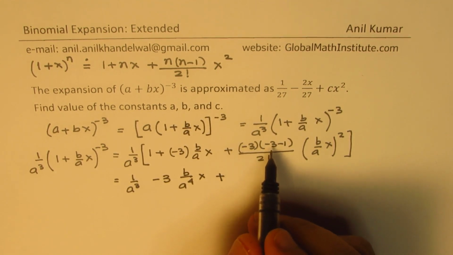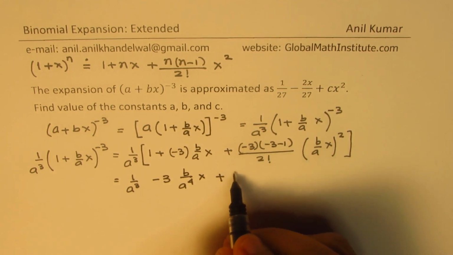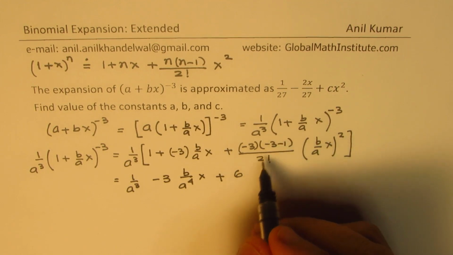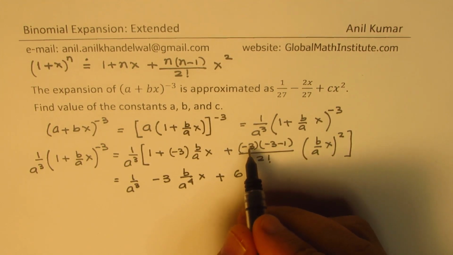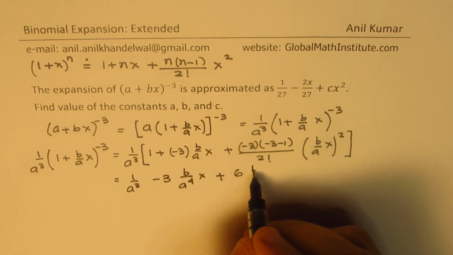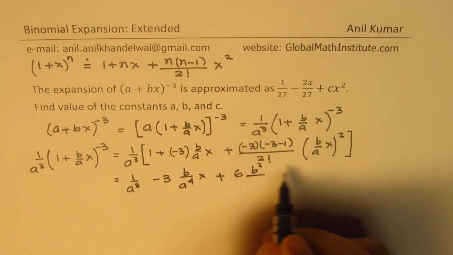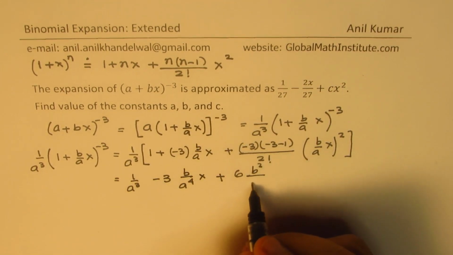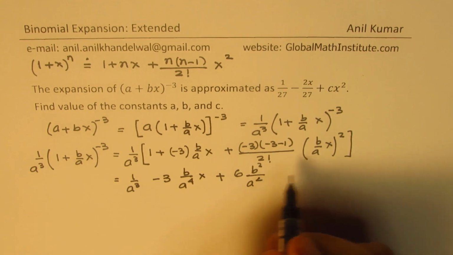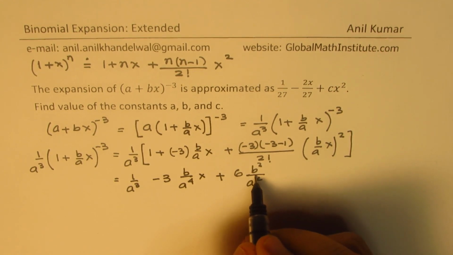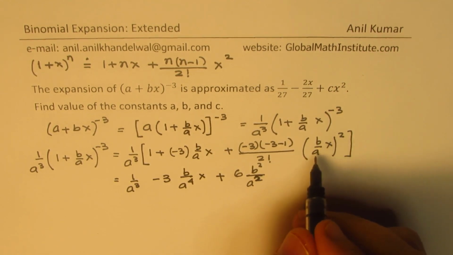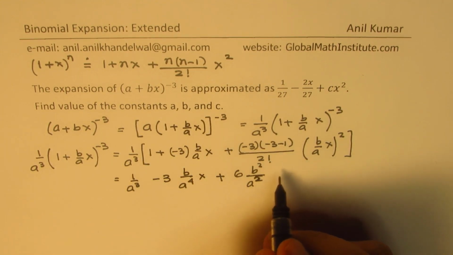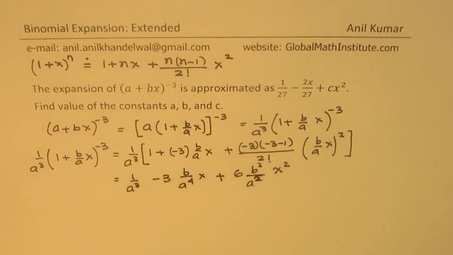Minus 4 over 2 is 2, 2 times 3 is 6, right? So we get 6 times b squared over a cube times a square, so a to the power of 5, x square. So these are the terms which we get.